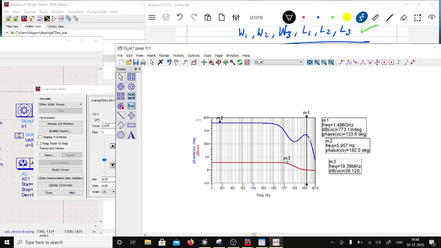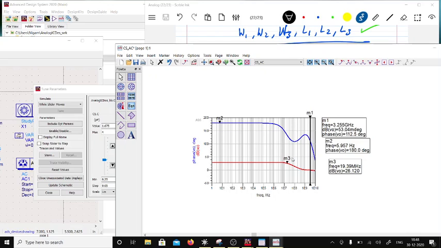And then I have put a lead compensation or RC compensation such that I have a margin. I have a phase margin of roughly, let me put here, just 1 second.